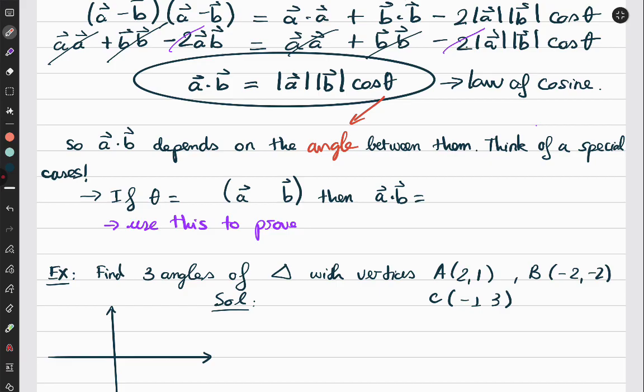What kind of angle do you usually consider special? Any kind of angle that you think is special?